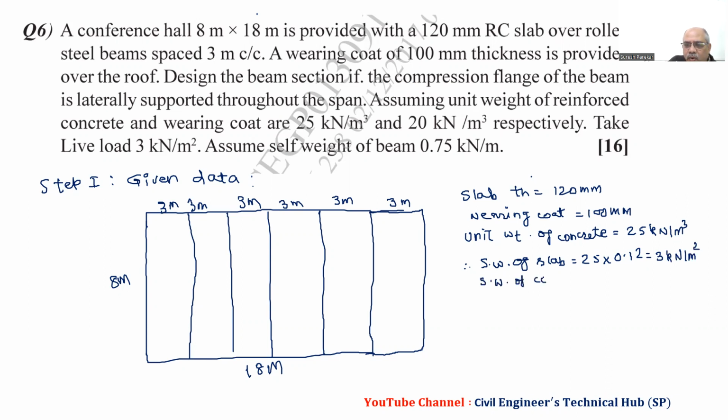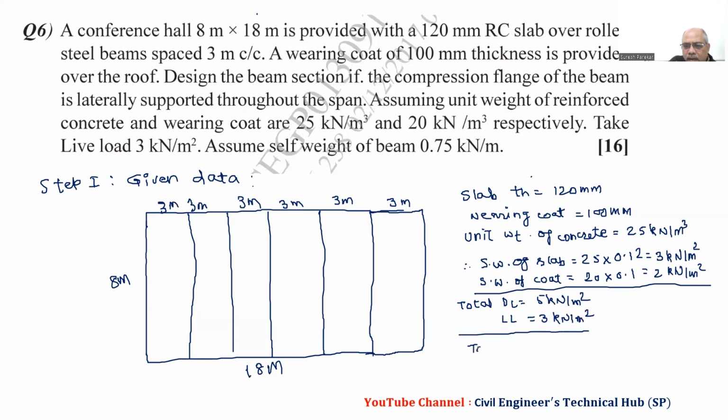Self weight of coat, that is 20 into 0.1, it comes to 2. So total dead load 5 kilonewton per meter square, live load 3 kilonewton per meter square, and then we will get total load 5 plus 3, we have 8 kilonewton per meter square.